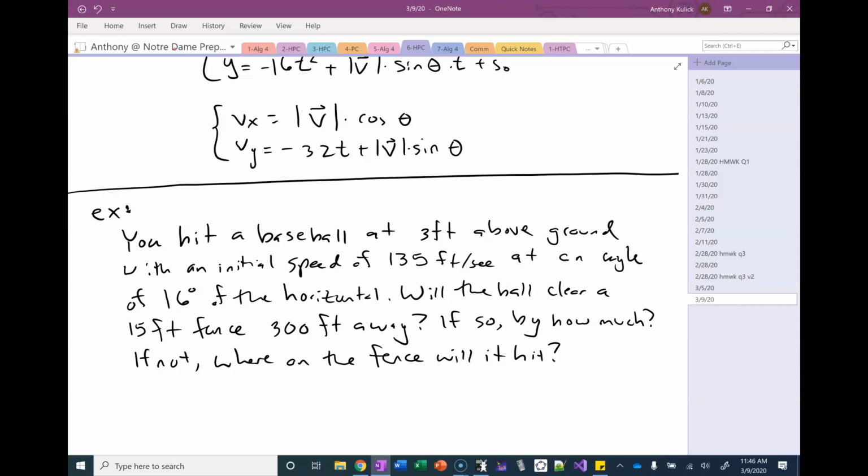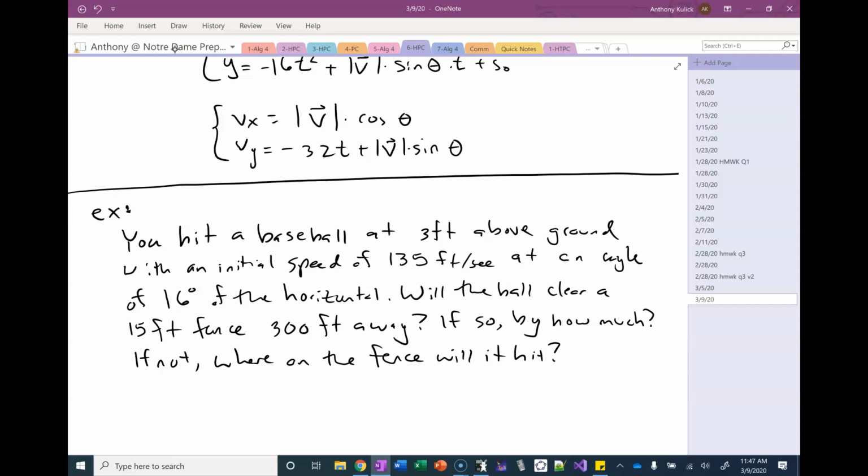So, which set of projectile motion equations do I need to use? The x and y or the vx, vy? X and y, because it's asking about heights of the ball, basically, right? Everybody agree with that? Because it's asking me what the ball's height will be at this distance, basically, is what this question boils down to.